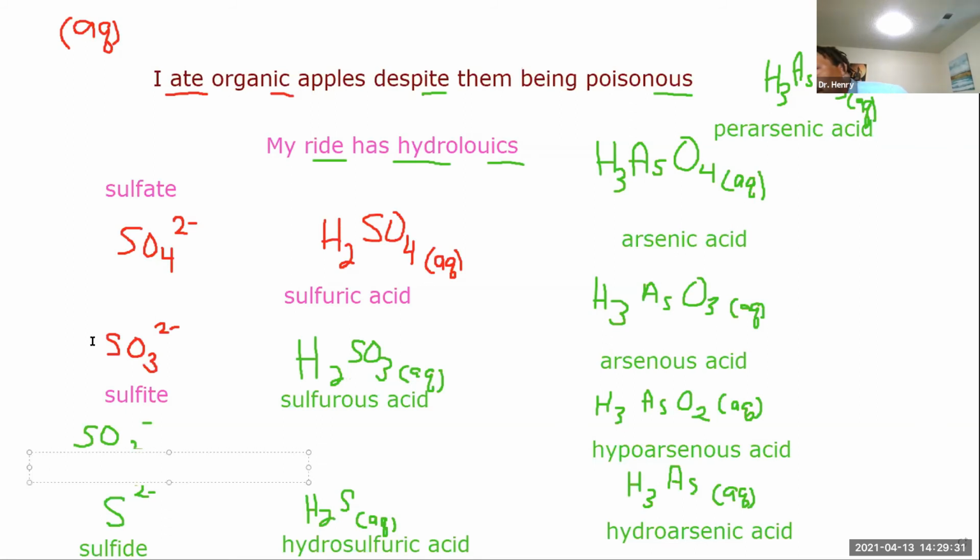If this is sulfite, SO3 2 minus, what is that one called? Can you guys see where I'm writing? Hyposulfite. It's called hypo. The fact that we lost 1 oxygen after the sulfite makes it hypo.